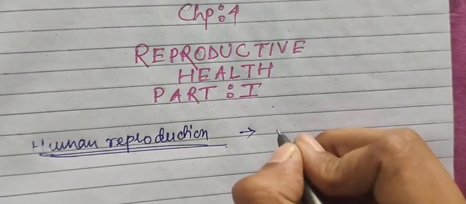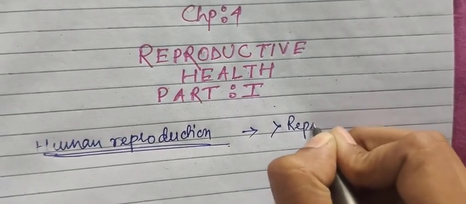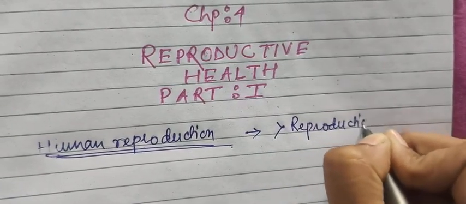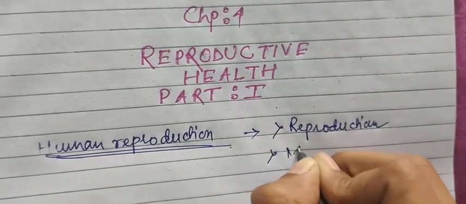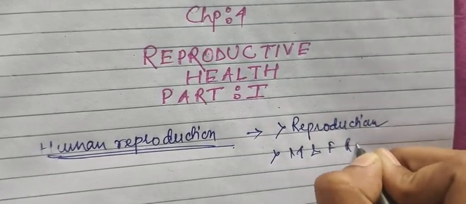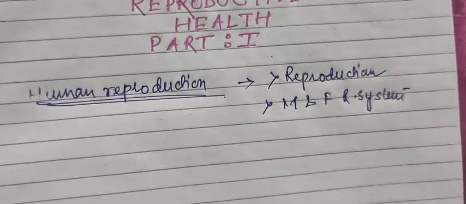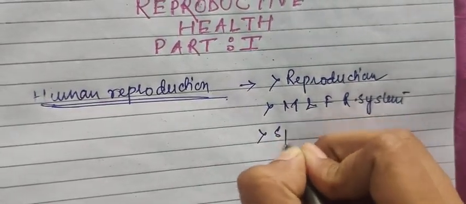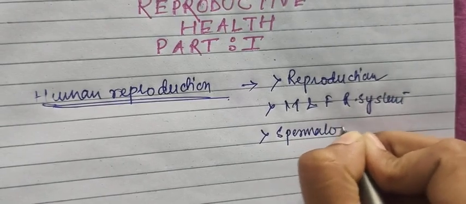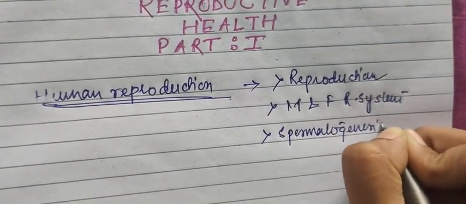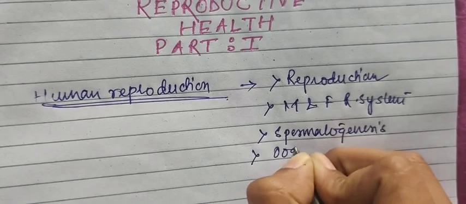The first thing is, what is reproduction? Second, male and female reproductive system. Third, spermatogenesis. Fourth, oogenesis.